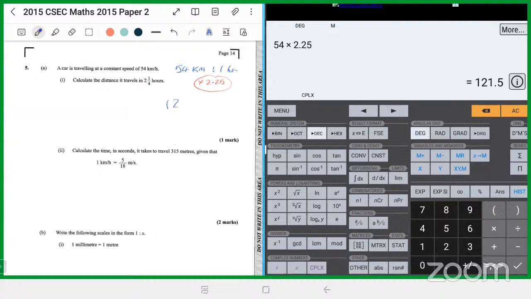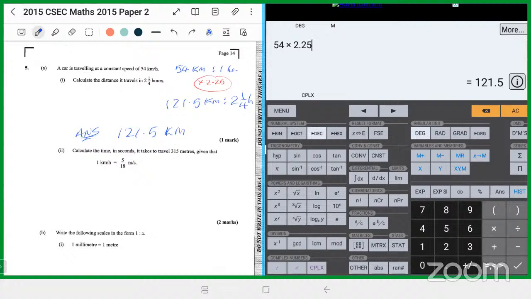That's 121.5 kilometers to 2¼ hours. So the answer for this question is 121.5 kilometers, the distance traveled in 2¼ hours. You can also say the distance after 2 hours is 2 times 54, plus another quarter hour, a quarter of that amount. You can break it down that way.